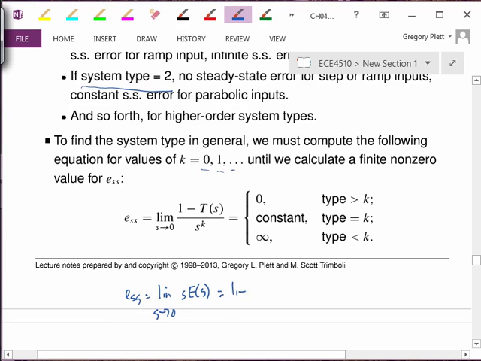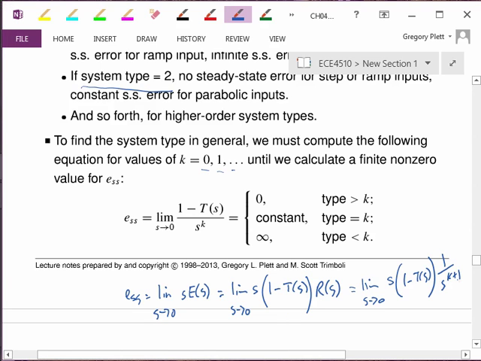Well, that's equal to the limit as s goes to 0 of s times 1 minus T of s, all times R of s. And then we say, oh, well, that's equal to the limit as s goes to 0 of s times 1 minus T of s, times 1 over s to the k plus 1, for the type of R of s that we've said we're interested in.